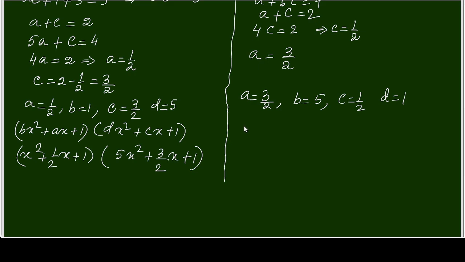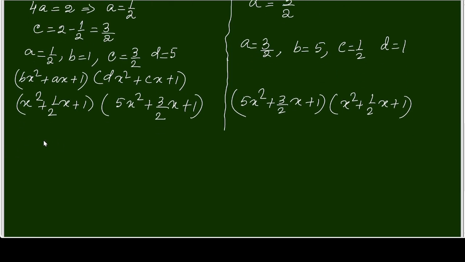And when I am taking the second one, here I'll get 5x square plus 3 by 2 x plus 1 and x square plus half x plus 1. So ultimately we are getting the factorization.